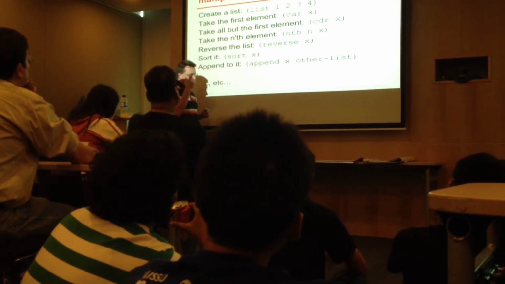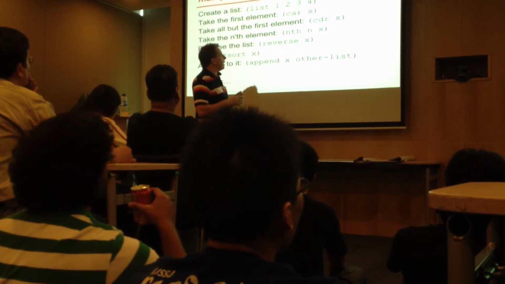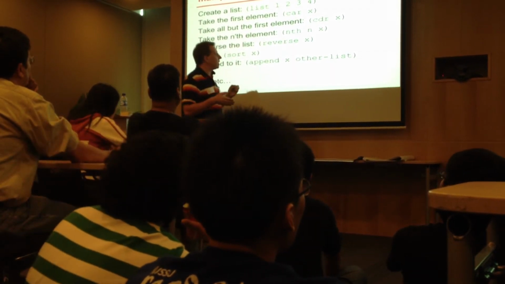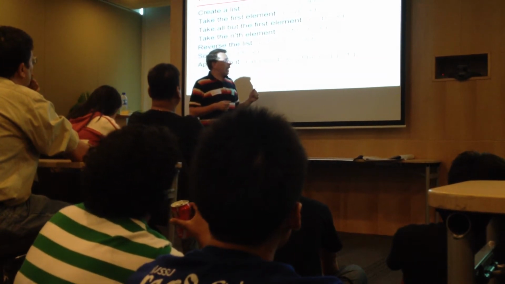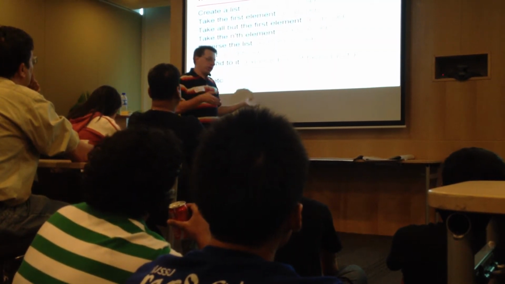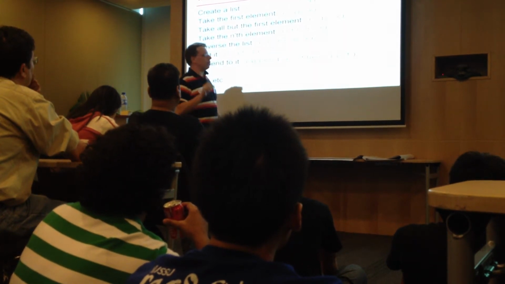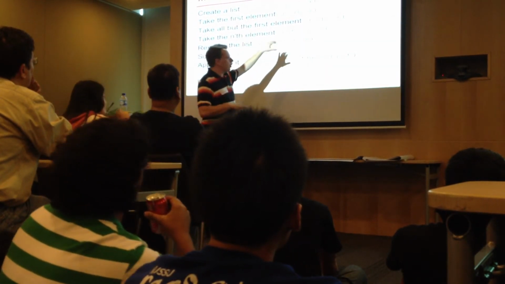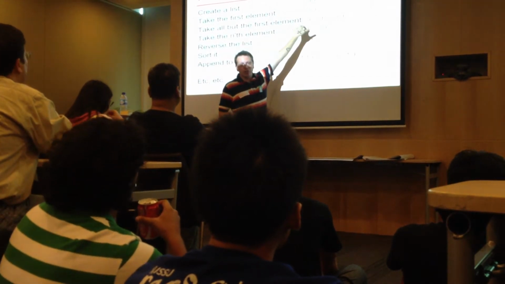And there are some very historical reasons why those 2 functions are called car and cdr. It has to do with the platform, the machine, the IBM 704. It's a machine that was used to implement the first Lisp. They actually had 2 registers.